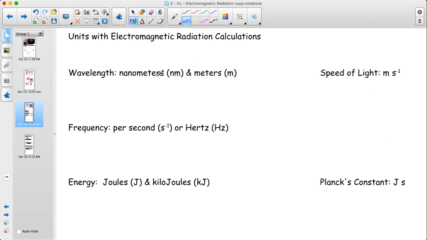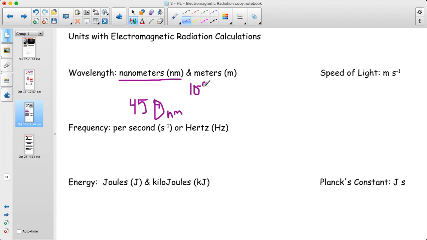The main thing is to watch out with wavelength. If you're given nanometers, let's say they tell you that the light is 450 nanometers. If you want to write it as meters, just tack a 10 to the minus 9 on it. Nano represents billionth.